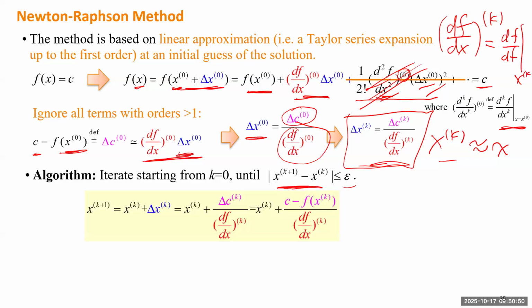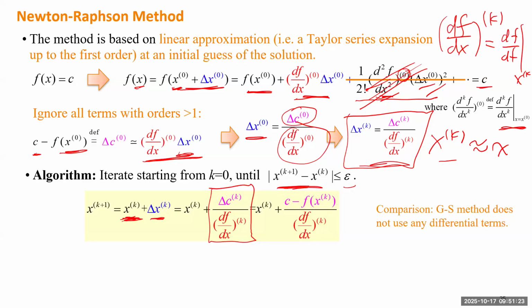So the iteration formula will be, if right now we are at the k+1 iteration, we already have the value from the previous iteration at iteration k. And so we need to update this value by this delta x_k. The delta x_k is calculated based on that formula. We have the gap of the function divided by the derivative taken at the value x_k.